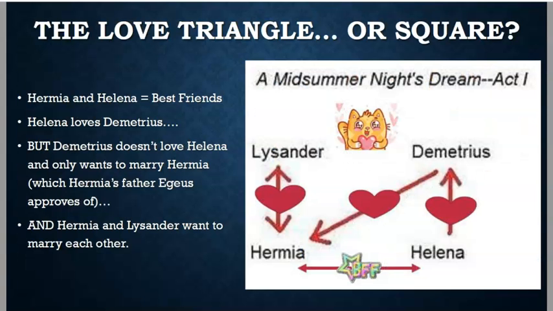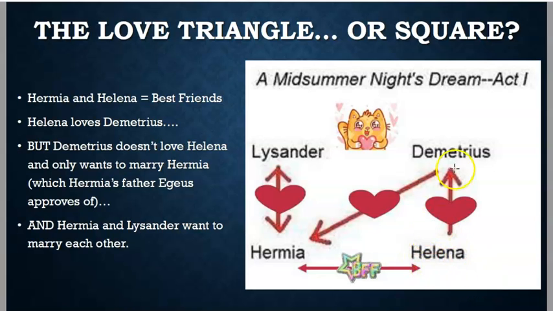All right, the love triangle or square in A Midsummer Night's Dream Act 1. We have Lysander, Demetrius, the two guys, and we have Hermia and Helena, the two girls. So you can see the love triangles, more like a love square there. So Hermia and Helena are best friends.